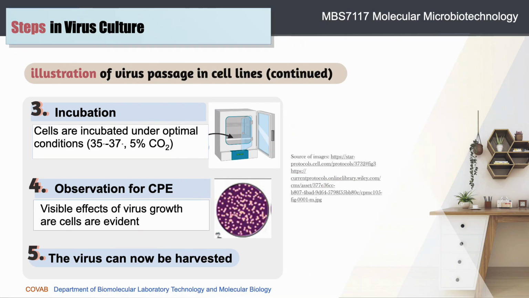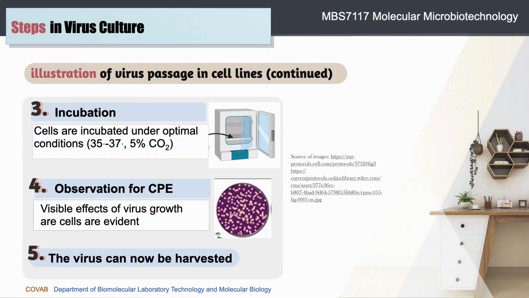We'll continue with our illustration of virus passage in cell lines. After the viruses have gained entrance into the cells, we go to incubation. The cells will be incubated under optimum conditions, which is 35 to 37 degrees Celsius, using 5% carbon dioxide in an incubator for about 3 days or 1 week or 3 weeks, depending on how long it takes for the virus to grow.